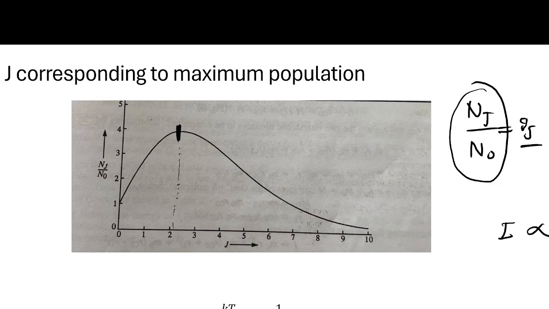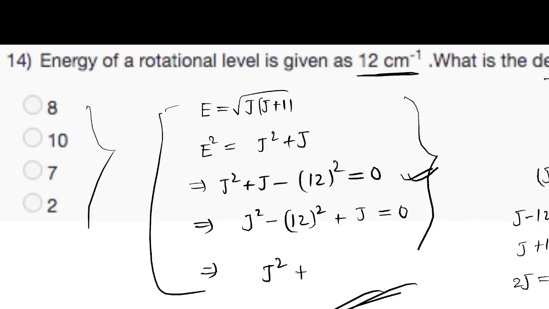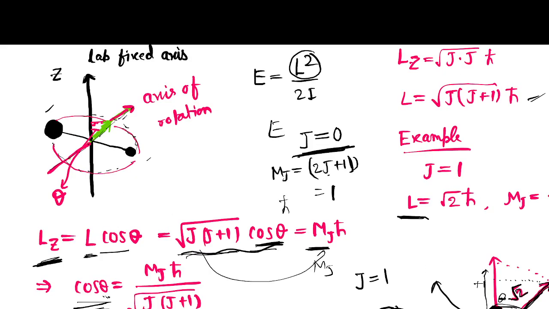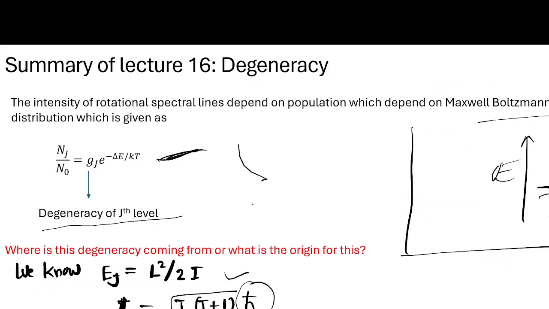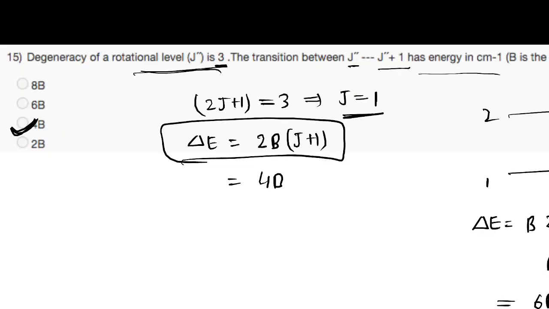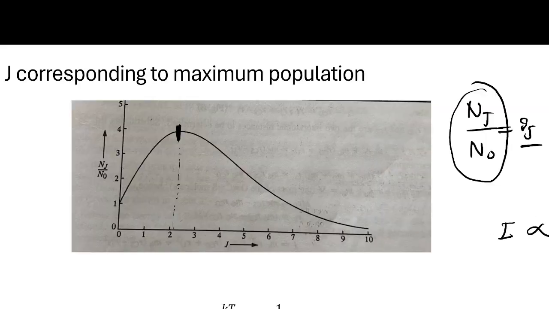So the rotational energy level having the highest concentration, or the highest number of molecules, will give the highest intensity. Okay, so by solving all this expression we can get J in this form. So by using this expression, you can say in which rotational energy level we will have the highest transition. Let's say from J equal to 3 to J equal to 4 we have the highest transition.